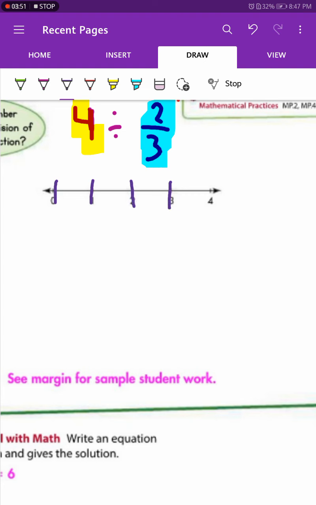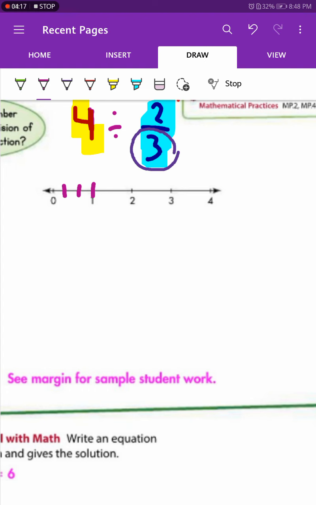From 0 to 1, we have to divide it according to the number down here. We divide it into 3 parts: 1, 2, and 3.